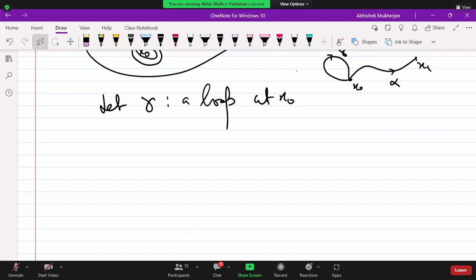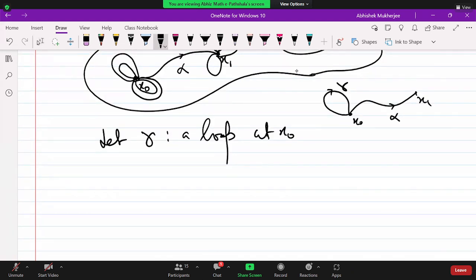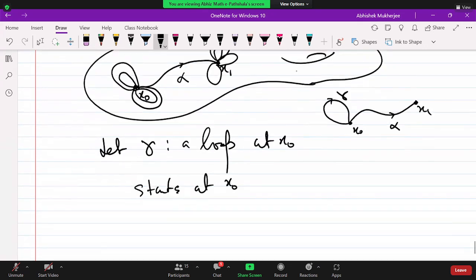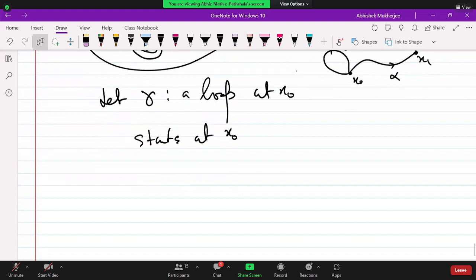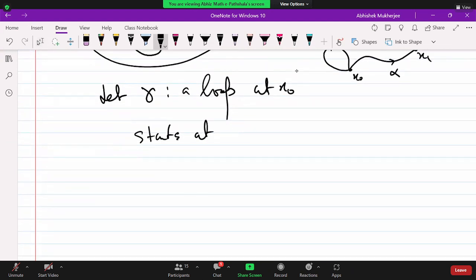And since gamma is a loop, we start at x naught, then come back to x naught via gamma, and then go around this locus of alpha to x1. Okay, I'm sorry, we need to start at x1.